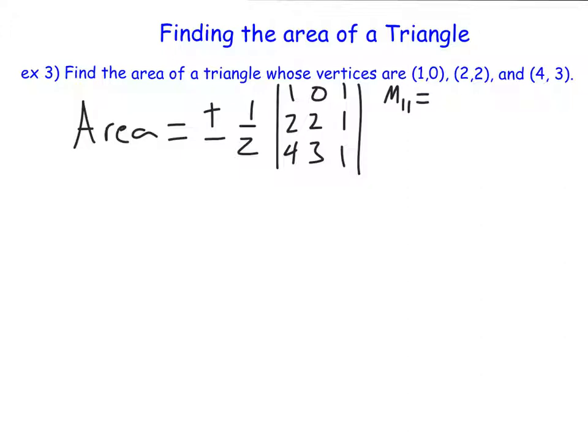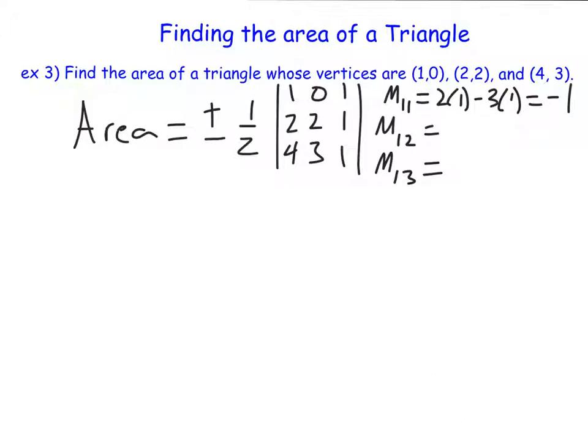All right, it's a 3x3, so we stick with our minors. We have 3 of them we need to find. We always take out row 1, and then we'll go and take out some of the other columns. Okay, so when we take out row 1, column 1, we get 2 times 1 minus 3 times 1, which is -1.